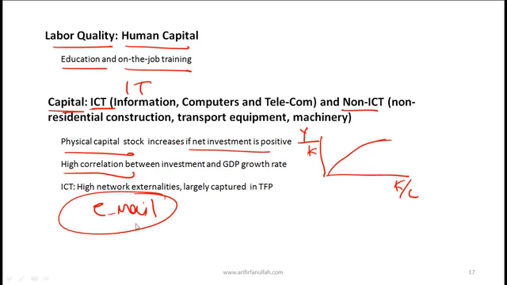And the more people we have who are using email, the greater the benefit. And whenever you have more benefit with more people, that essentially means that we have high network externalities. This benefit is largely captured in total factor productivity, or essentially greater efficiency.